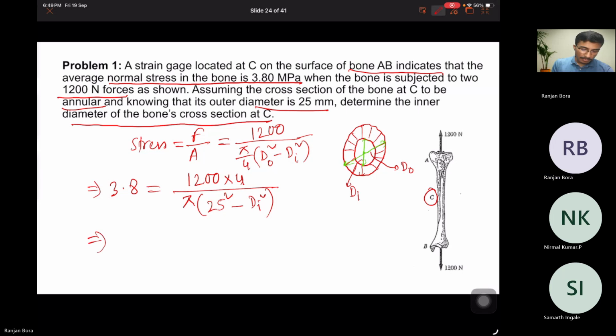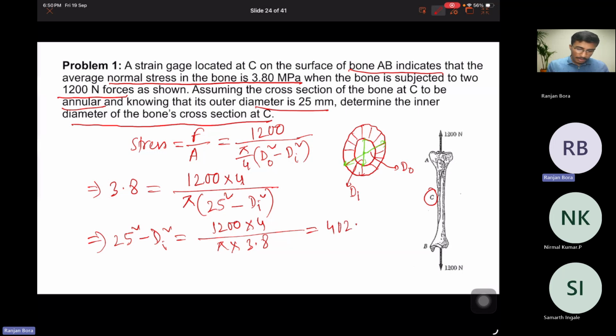So if we solve this, we get 402.08. Now from here, pi square is 222.9.